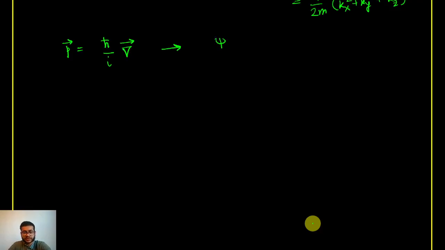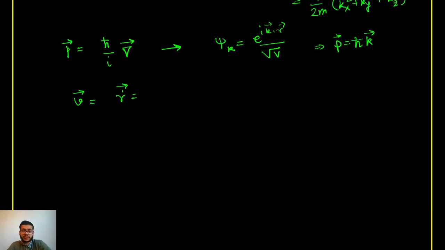For free electrons, if psi k is e to the power i k dot r by root V, then the momentum is given as h bar k, and the velocity v is given as r dot, which is given by a well-known formula for the time evolution of any operator. So the velocity operator for a free electron is given as this.